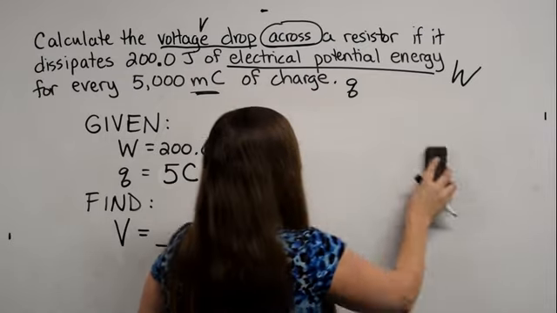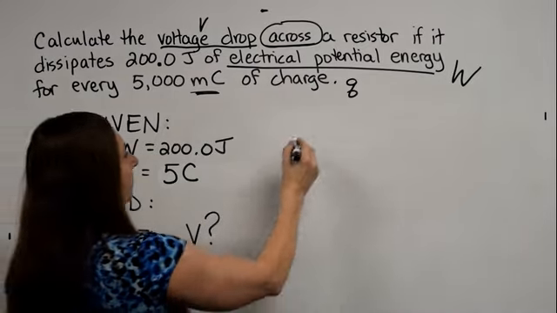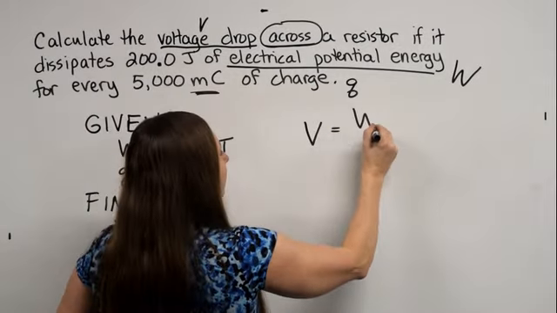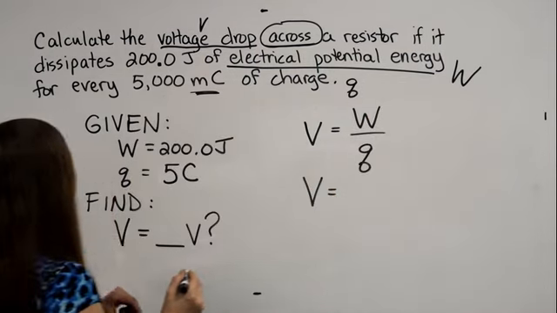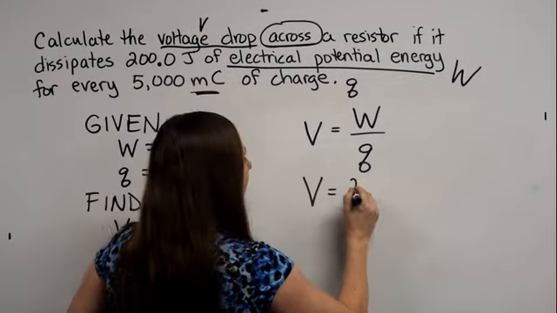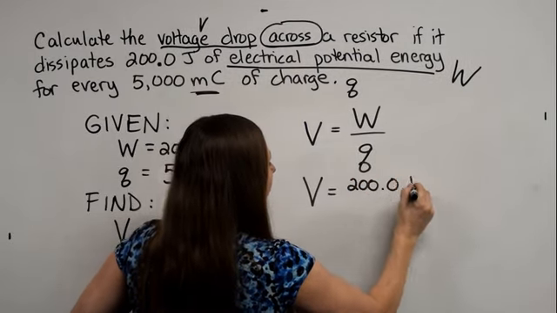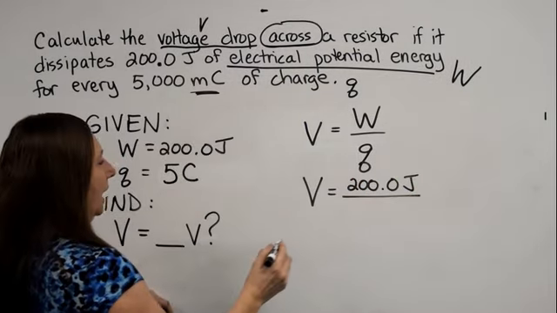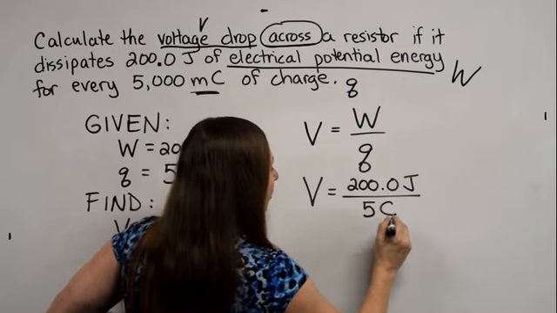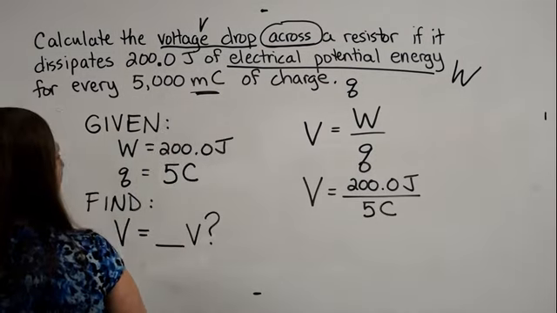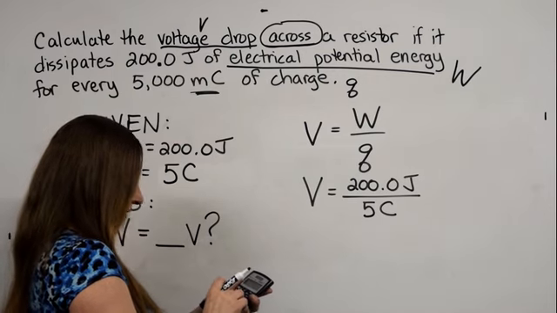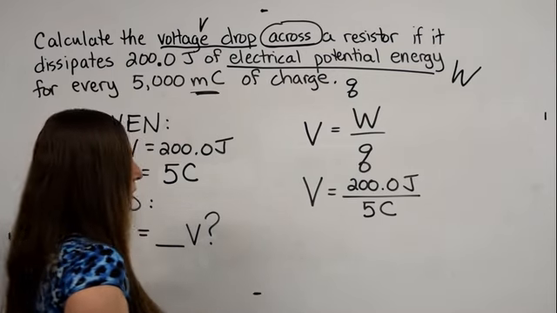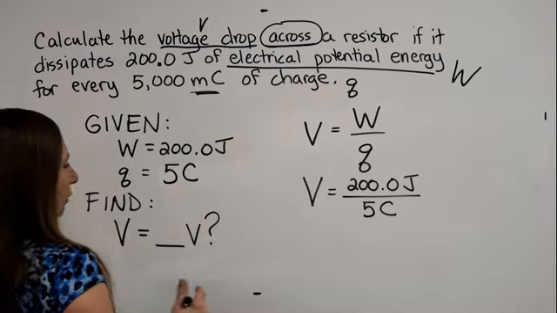Okay, and here we go. The formula, V equals W over Q. So W is 200 joules divided by 5 coulombs. Pick up your calculator. 200 divided by 5 is 40 volts.